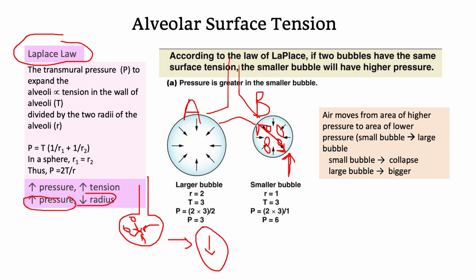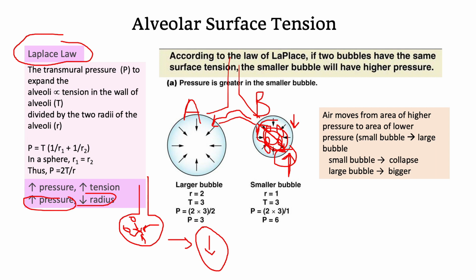Air moves from an area of high pressure to an area of lower pressure, so air would move from alveoli B into alveoli A. When air moves from B to A, it decreases the radius of B. Again, when the radius decreases, the pressure increases, so again the air from B goes to A. In the end there is no more air in alveoli B, so alveoli B will collapse and alveoli A will become bigger and bigger.